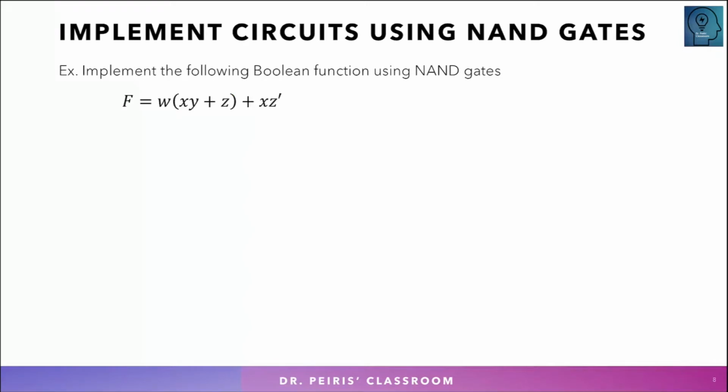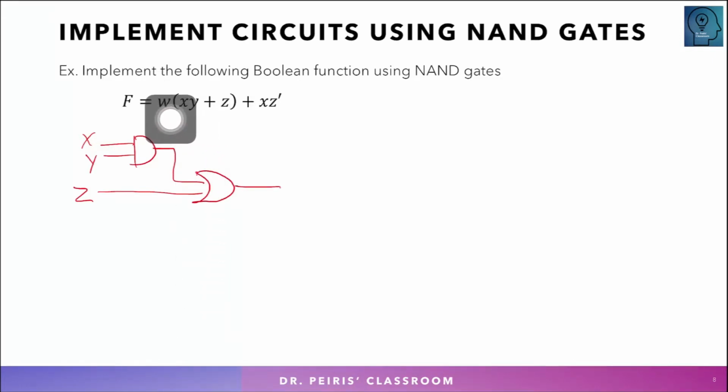Let's do another one like that. Here, when we draw the basic circuit using AND and OR, we start with the parentheses (X Y or Z). So we first need XY. XY goes through an AND gate, and then it needs to combine with Z. So XY and Z combine through an OR gate. Here is the OR gate. Now that must go with W through an AND gate.